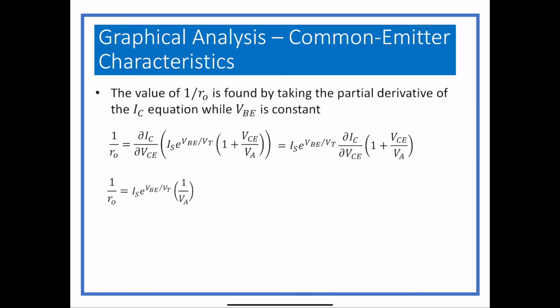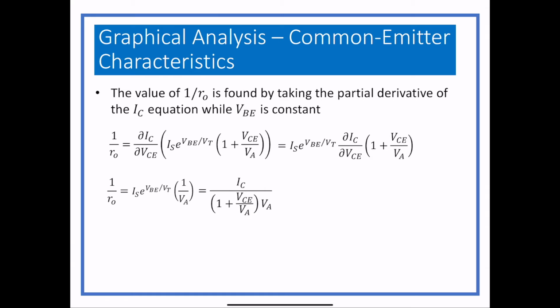Then, since the original collector current is that exponential function times 1 plus VCE over VA, we can put IC on the top and put that 1 plus VCE over VA on the bottom, and we will have a proper equation.